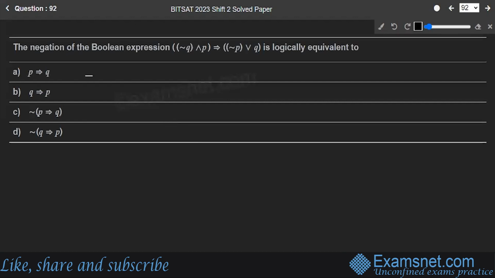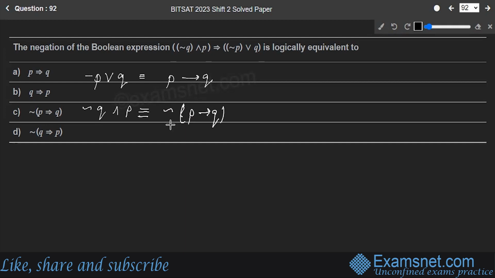All right. I know this thing. My negate of P union Q is equivalent to P implies Q. And negate of Q intersection P, this is equivalent to negate of P implies Q.